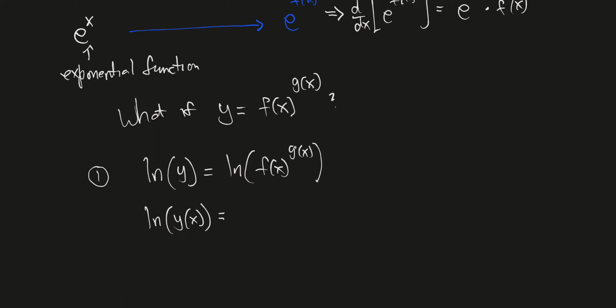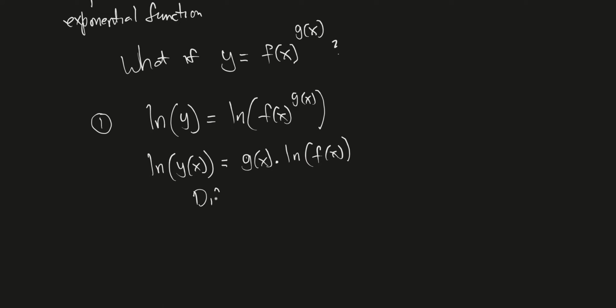So take the g of x and put it down. That's why we take the log, because it allows us to bring this power down, and we no longer have that issue. But what we do have now on the right hand side is a product. We have a product here and we have a composite here. So now let's differentiate implicitly and see what happens.